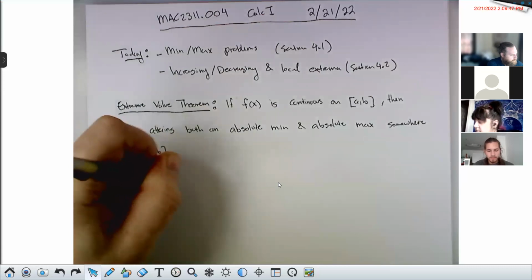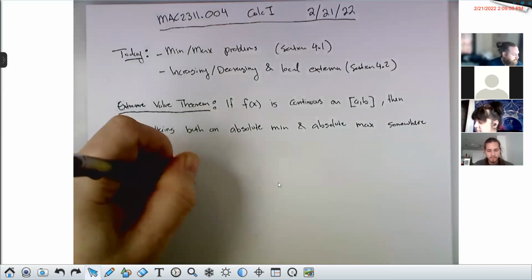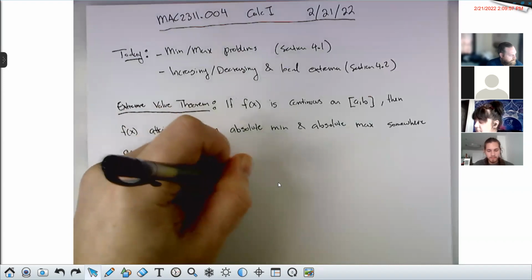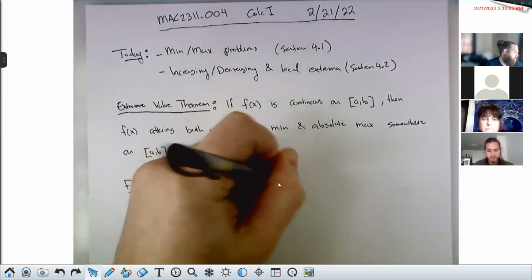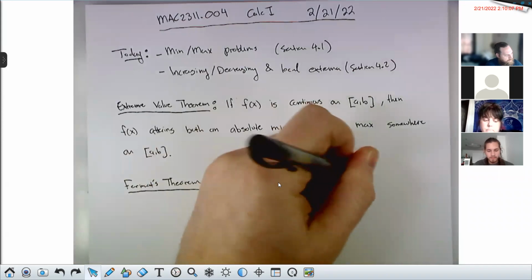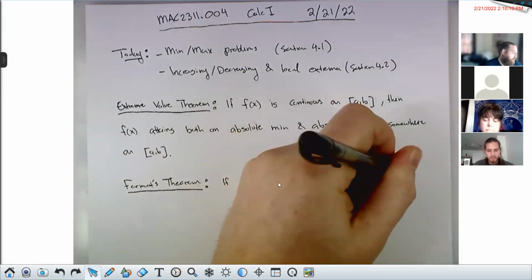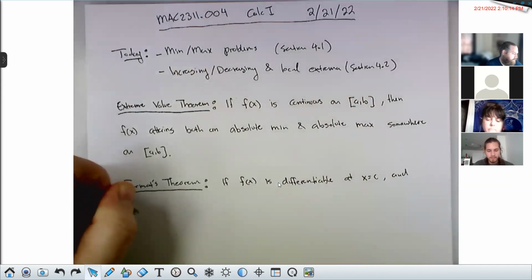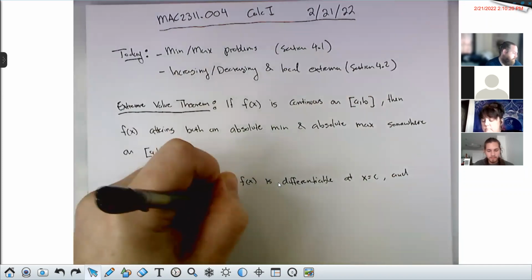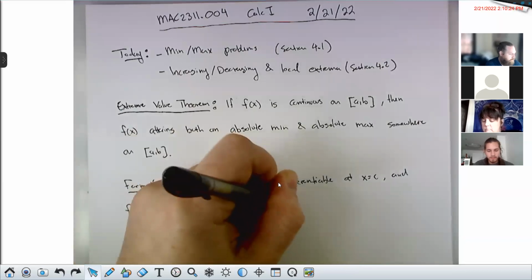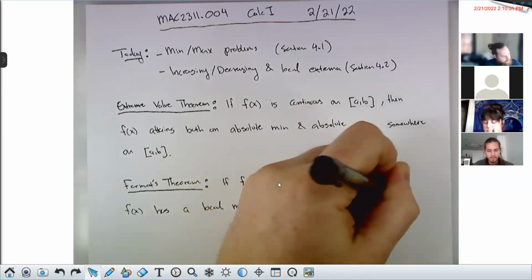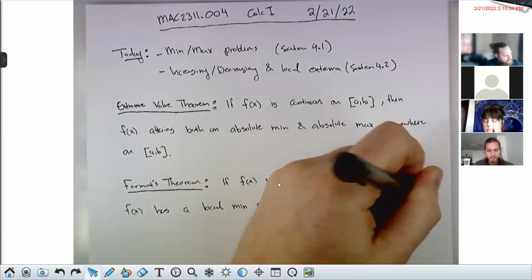This was that theorem due to Pierre de Fermat, which says if f of x is differentiable specifically at x equals c, and f has a local min or max at x equals c, then f prime of c must be 0.